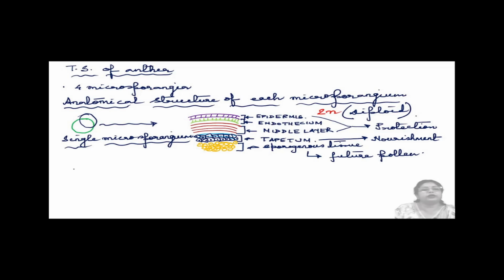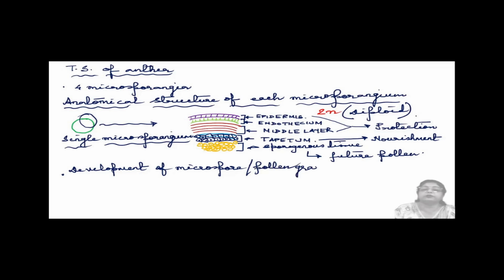Now we are going to the next part. That was the single microsporangium diagram, which I wanted to make clear in a very easy way. Now we are going to the development of the microspore, or the pollen grain, or the pollen.